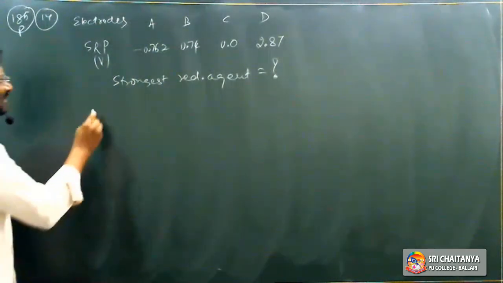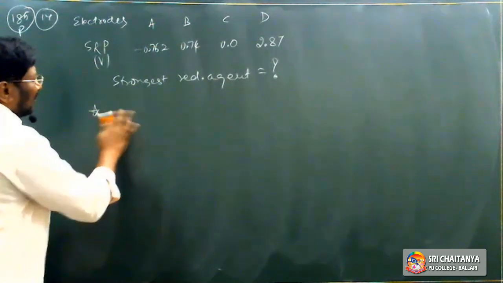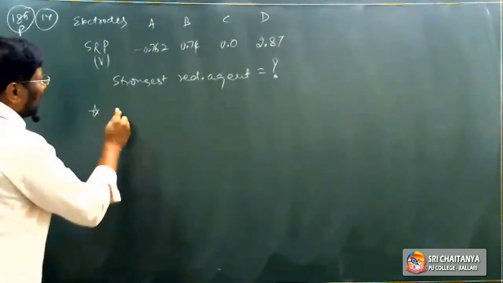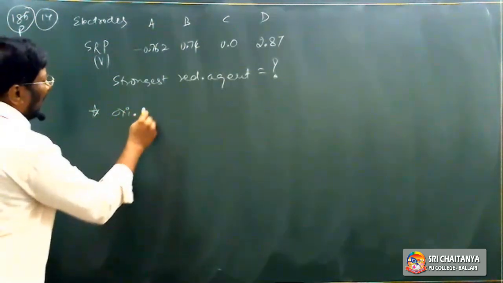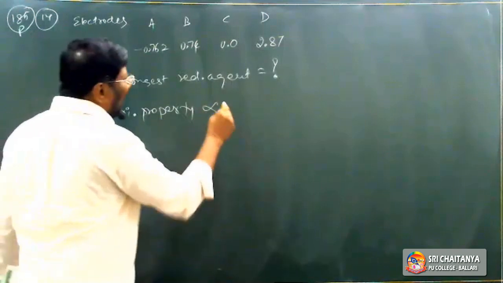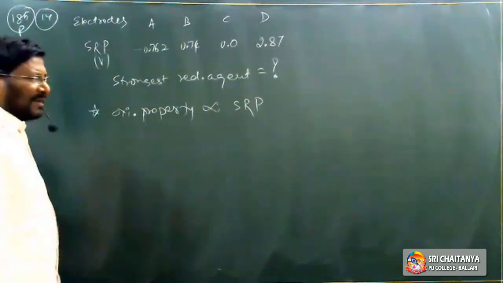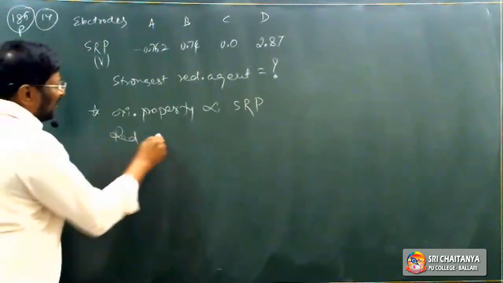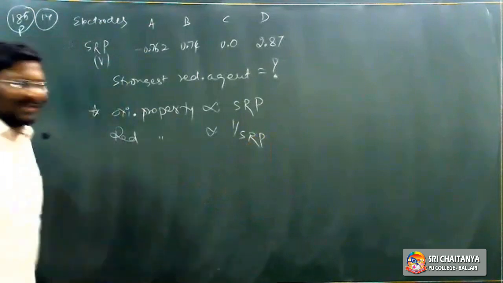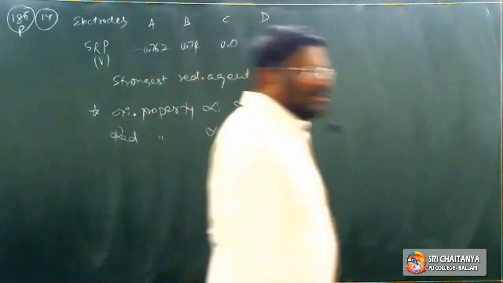Now, what is the clue I said? The oxidizing property is directly proportional to SRP, and the reducing property is inversely proportional. Among them, what is the lowest value?